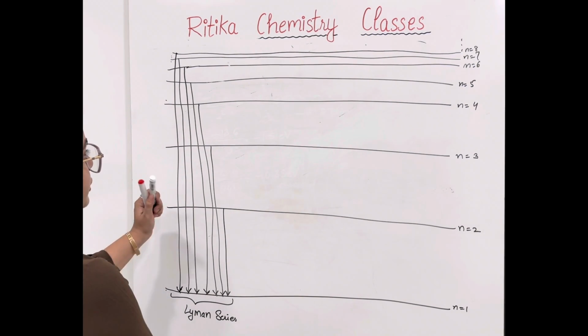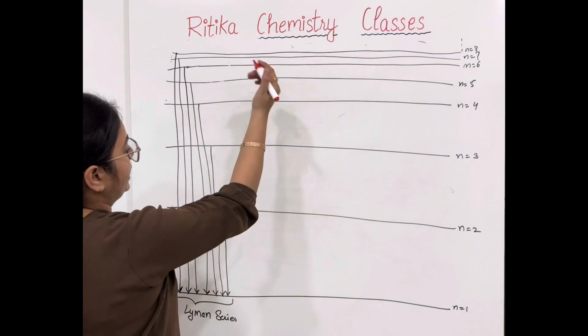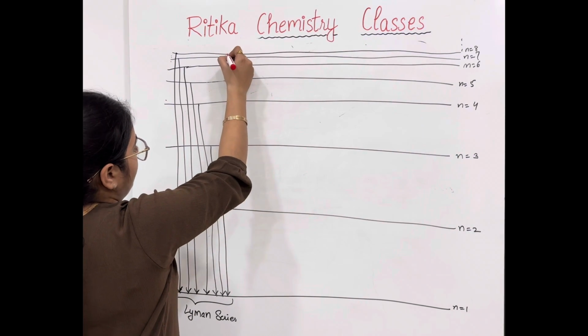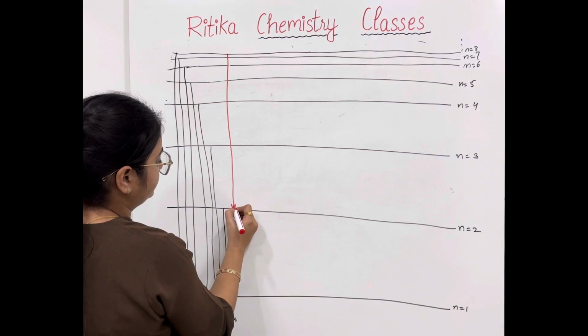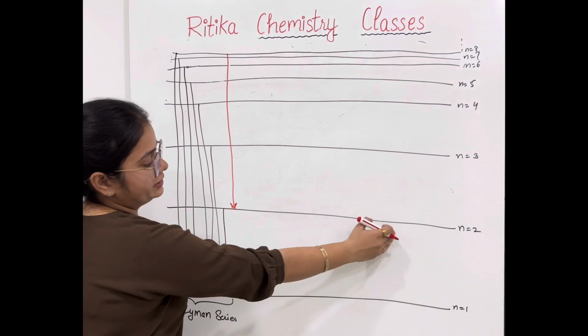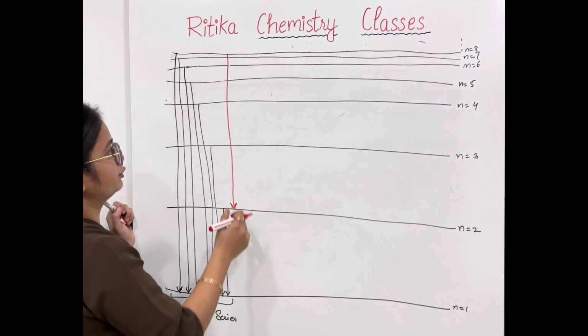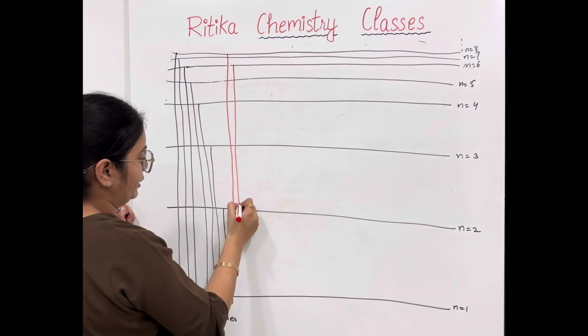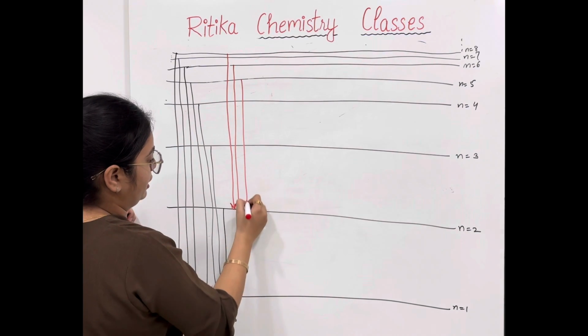It is also possible that electrons from higher energy levels, after transition, come back to energy level n equals 2. So the various possible transitions are like this.